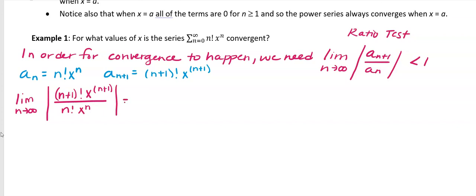Now, since we don't know what the x values are going to be, we do need to keep the absolute values on this. I know when doing the ratio test many times, we were able to drop the absolute values because we knew that it was always going to be positive. But in this case, we're actually trying to solve for specific x values, so you need to keep your absolute values on.